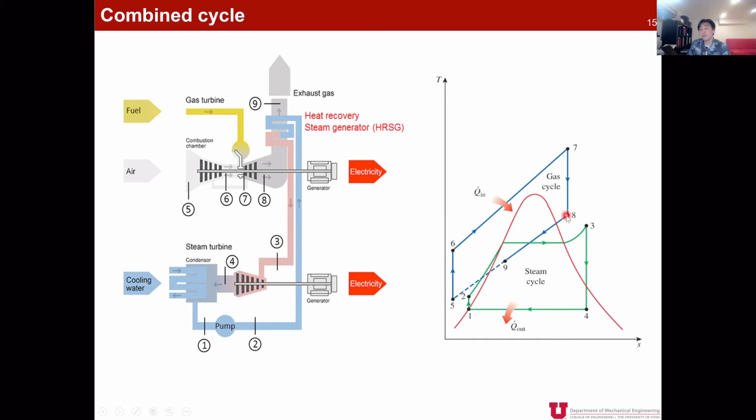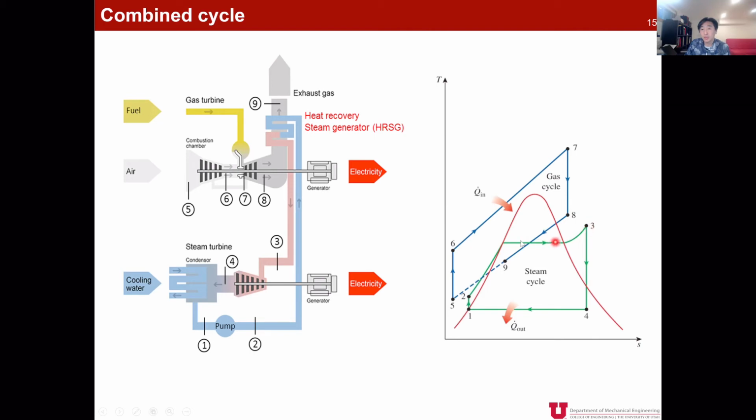But instead of just emitting this hot exhaust gas to the surroundings, now we connect this gas with your water at the HRSG. So now let's take a look at how we can draw the TS diagram for the Rankine cycle in a steam power plant. We have water at 1, and its pressure increases by going through the pump. Okay? Then we need to change that point, which is water, to superheated steam.